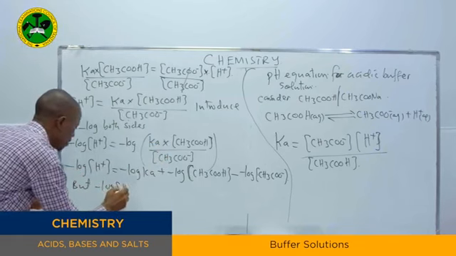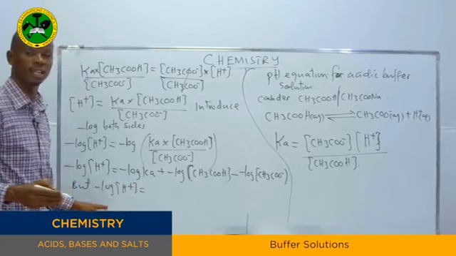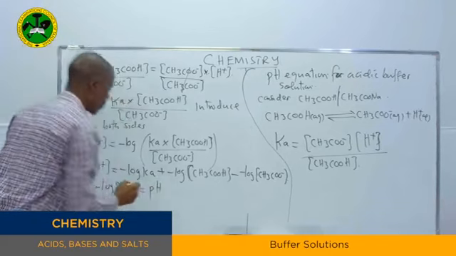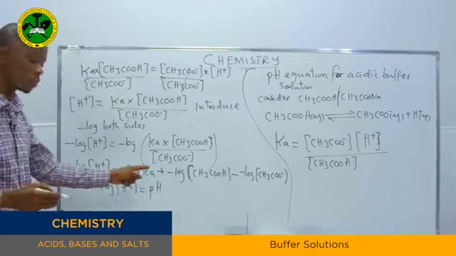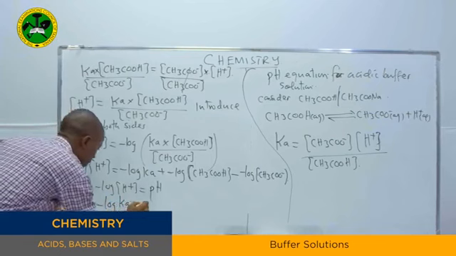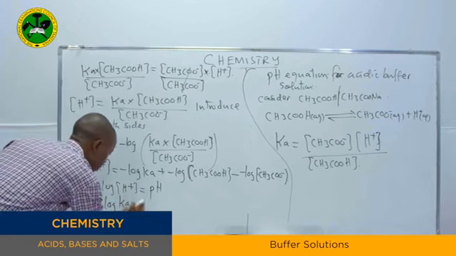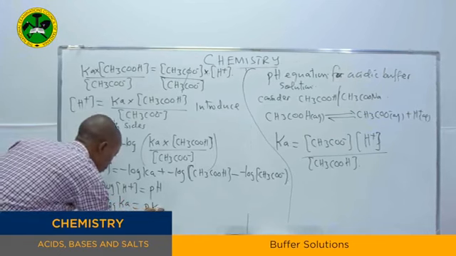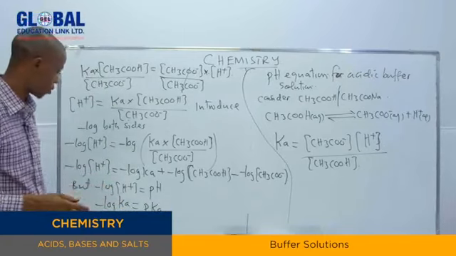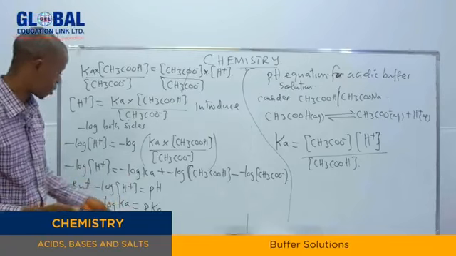Negative logarithm of hydrogen ion concentration, I hope that you understand, is the pH. And negative logarithm of Ka is pKa, because the number Ka is very small, so in order to deal with larger numbers, we use pKa.